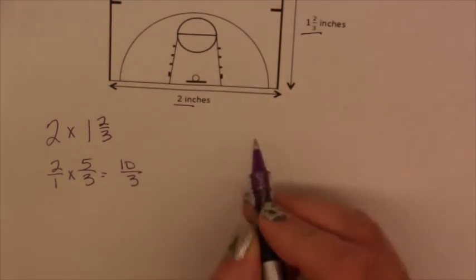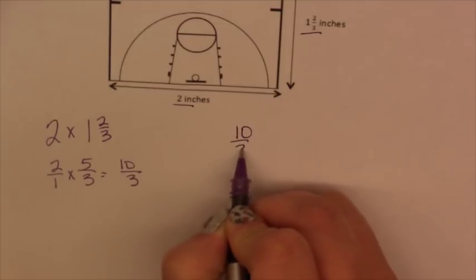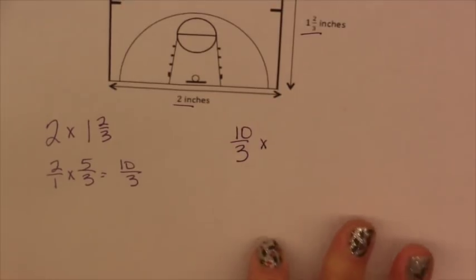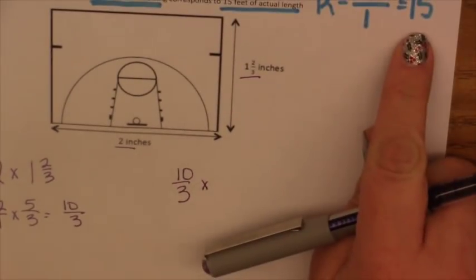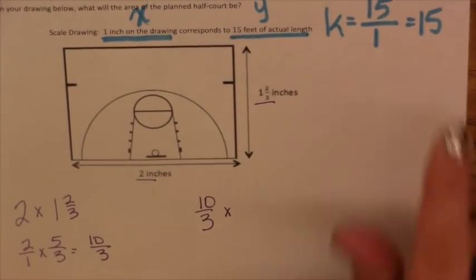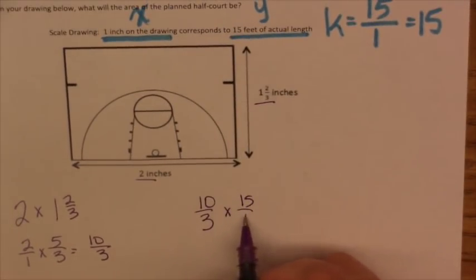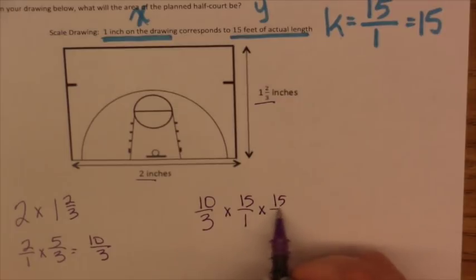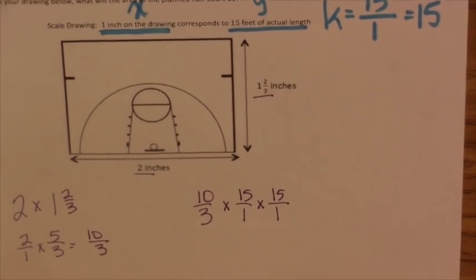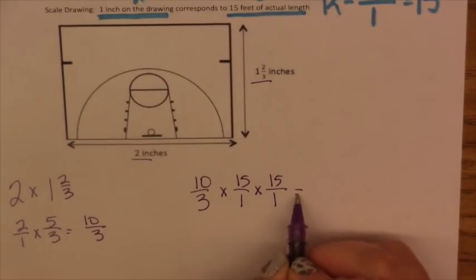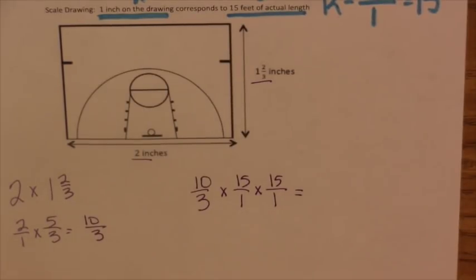So we're going to start with 10/3, and we're going to times this by our scale factor of 15, and then we're going to do that process again, and this is when we find the area of a shape. Probably want to use a calculator to help you solve this one, which would be just fine.